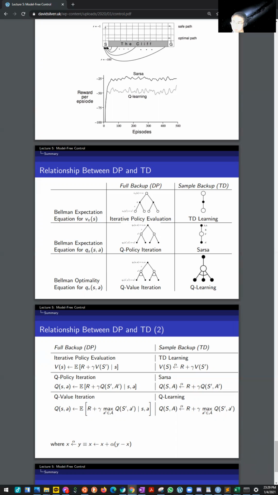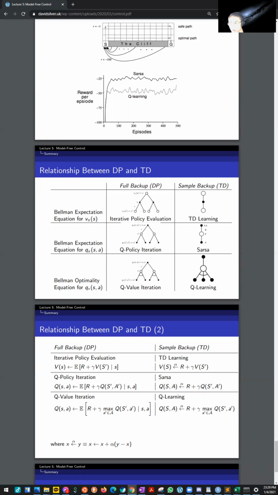And that was for the Bellman expectation equation for the state value function. Another category is the Bellman expectation equation for the Q value function. Here we're just doing policy evaluation, evaluating some kind of policy instead of figuring out the optimal policy.